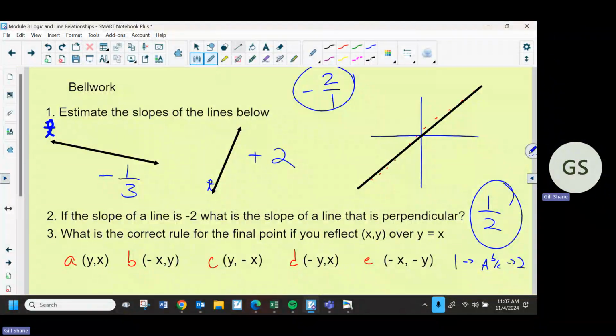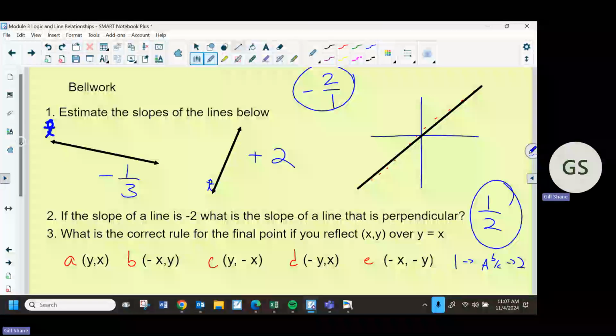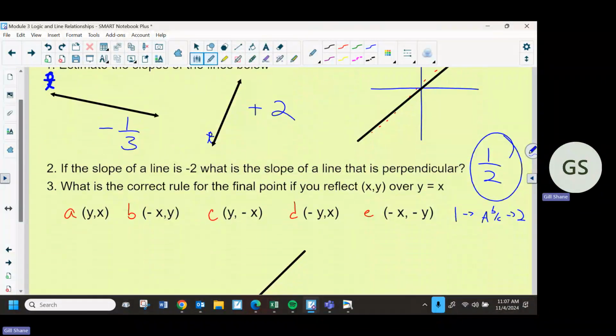You have to have a negative and a positive also. The only way you can get a negative number is with 1 negative and 1 positive. Just remember that, and then you won't make some of the math mistakes kids sometimes make. So that's the perpendicular slope: flip the sign and flip the fraction upside down.